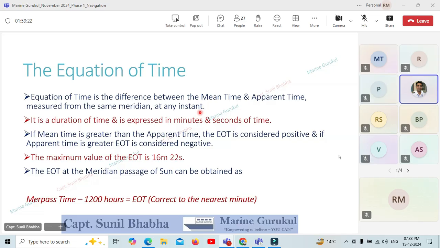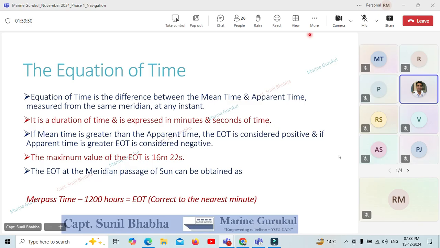Say for example, if the mean sun is on my meridian right now, even though it's an imaginary sun, let's assume the mean sun is on my meridian. After how much time the true sun is going to come on my meridian, this difference or this duration of time is called the equation of time. So it is a duration of time and is expressed in minutes and seconds of time.